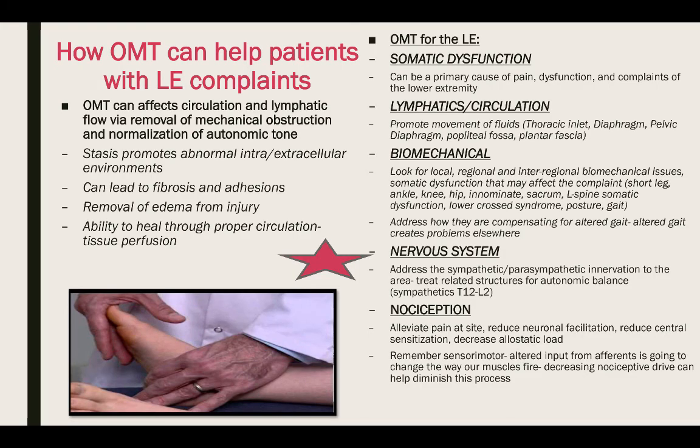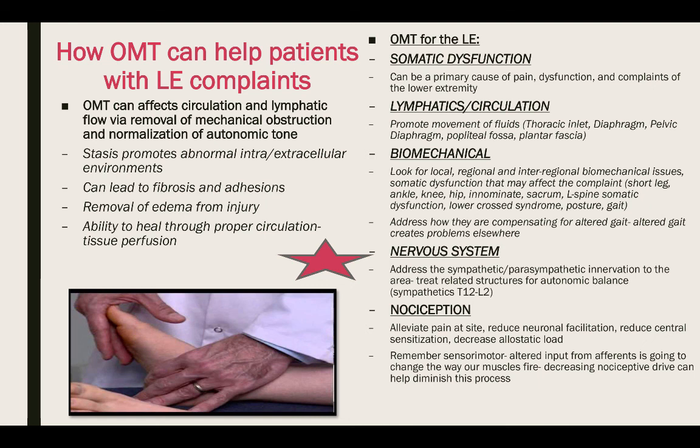And then how can OMT help patients with lower extremity complaints? Well, it helps circulation and lymphatic flow. So if you have a lot of edema or a lot of stasis, that's going to lead to an abnormal intra and extracellular environment, which actually leads to fibrosis and adhesions. So I will usually tell people, when they first injure, if they have like an acute ankle sprain, I'll tell them to take an NSAID for maybe the first 24 hours just to help get that edema out of there.